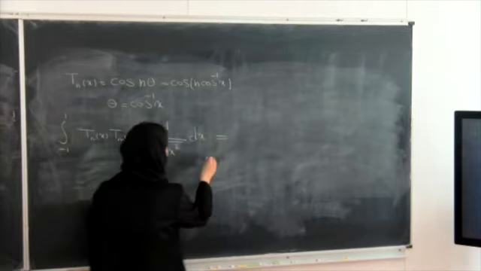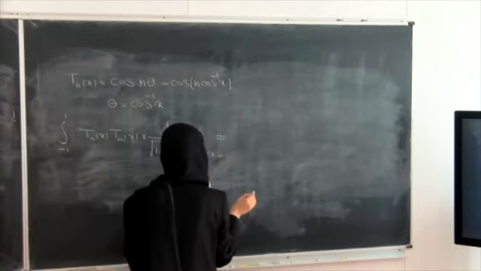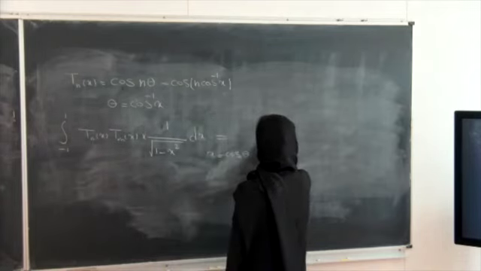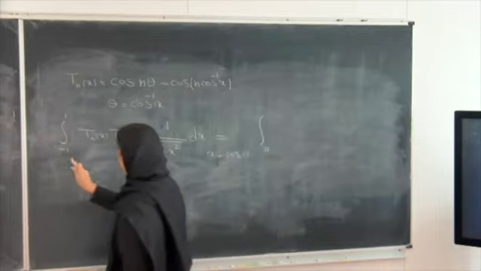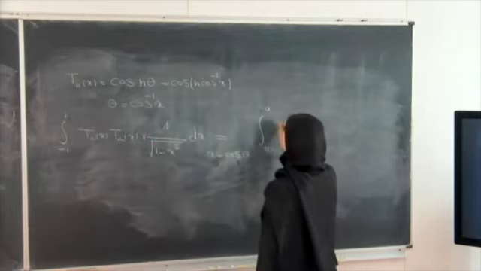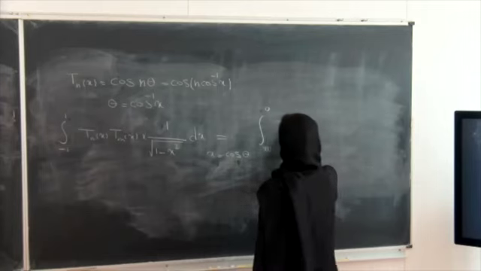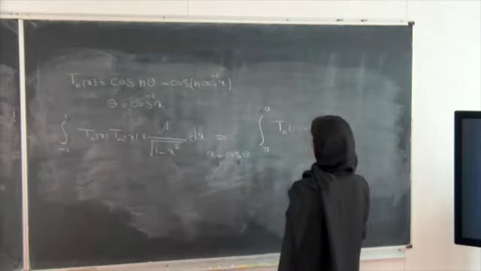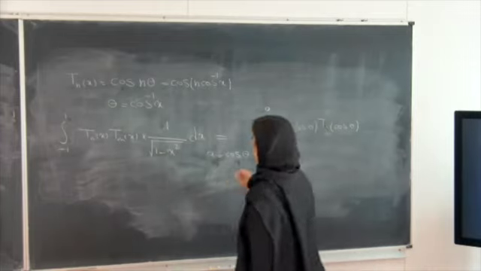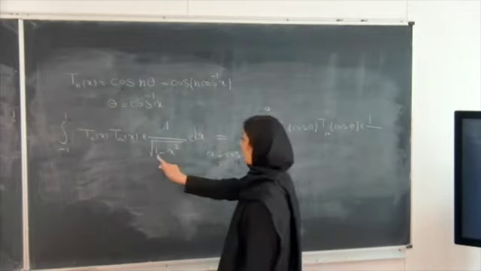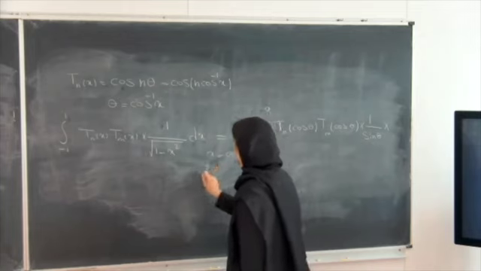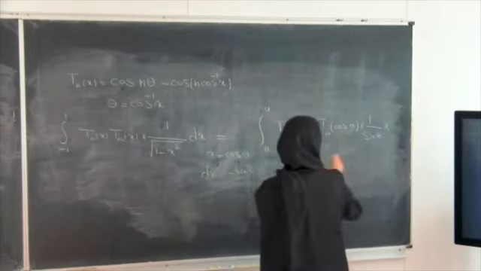By using the change of variable x equals cosine of theta, for x equals -1 we have pi, and for 1 we have 0, Tn of cosine of theta, Tm of cosine of theta, times the square root of 1 minus cosine squared, which is sine theta, and for dx we have minus sine of theta.